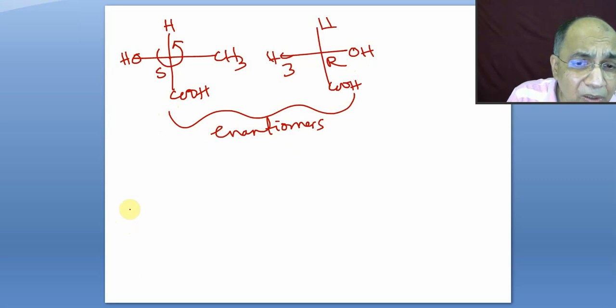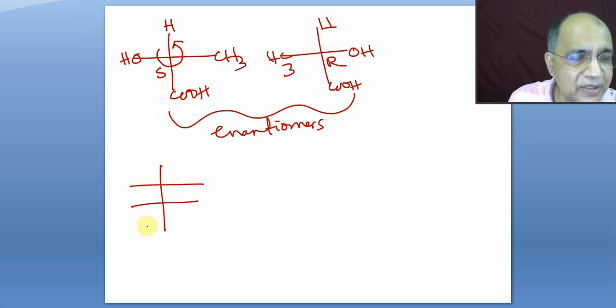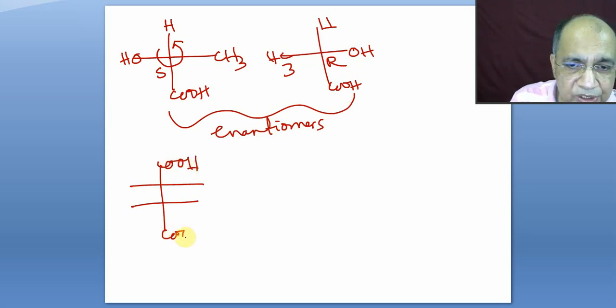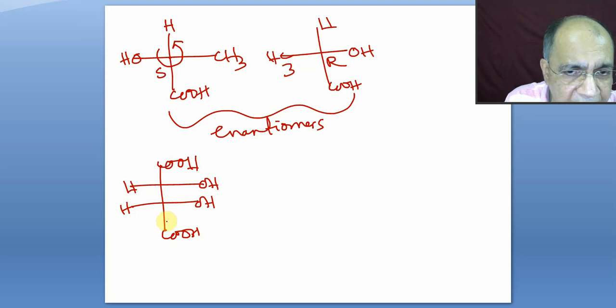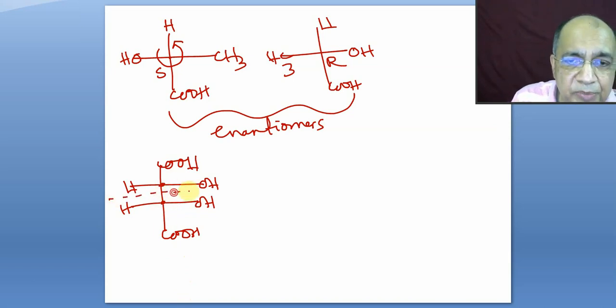And what are diastereoisomers in optical activity? Supposing there are 2 chiral centers. Supposing this is CHO, this is CHO, this is H, this is H, this is OH, this is OH. And here there is a plane of symmetry. This is a meso form. This has some configuration R or S, and this is another configuration R or S. If this is R, this is S, because they have to be opposite, because there is a plane of symmetry.